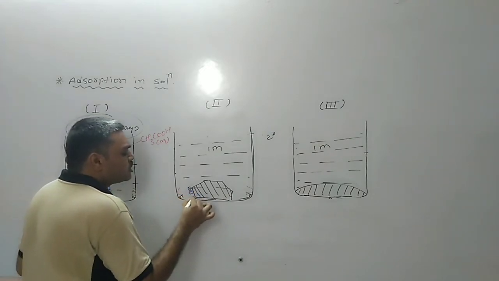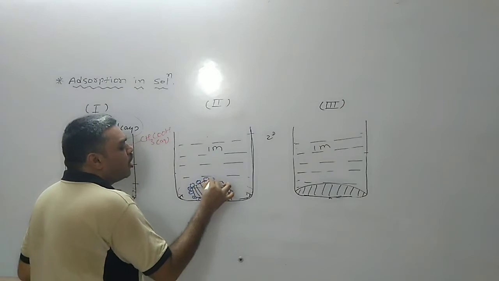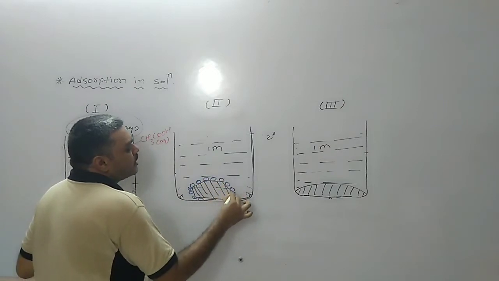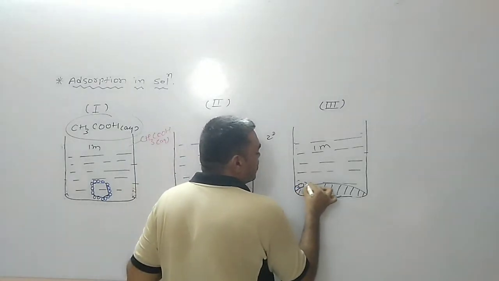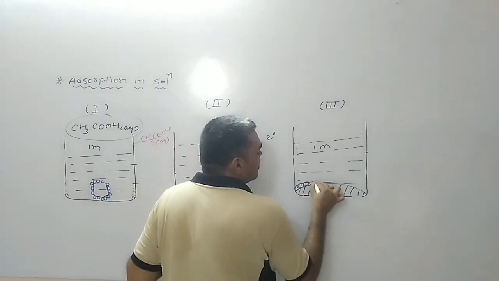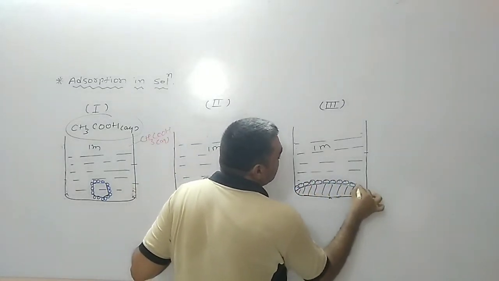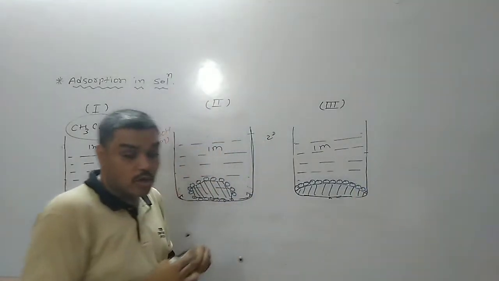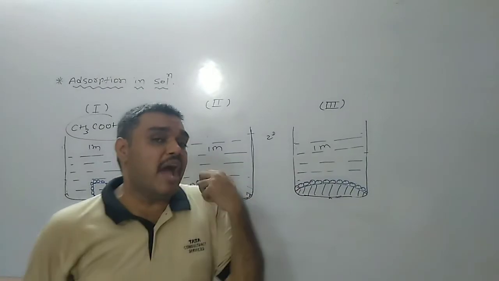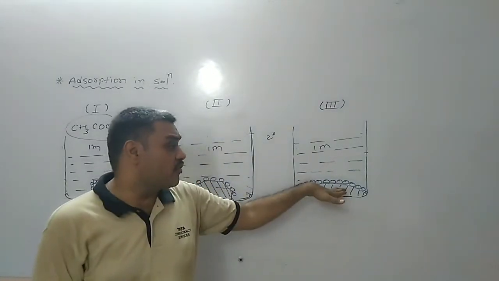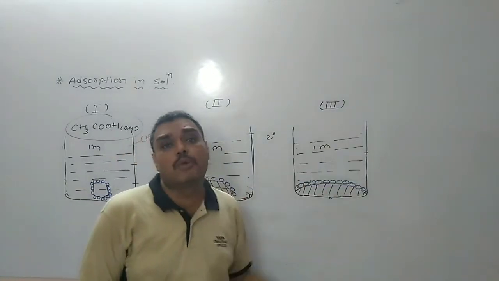On this surface also it becomes adsorbed. You will consider it like this, and on this surface some molecules of acetic acid become adsorbed. How will you determine this? As the surface area increases, adsorption increases.